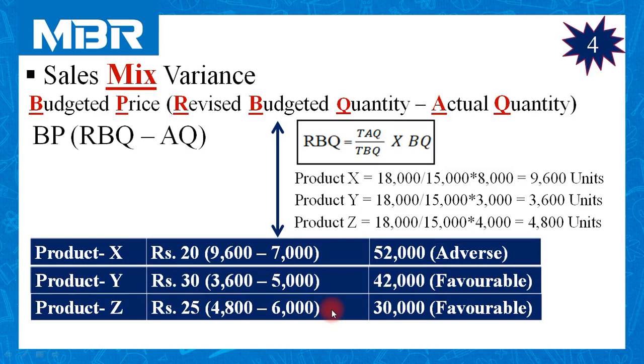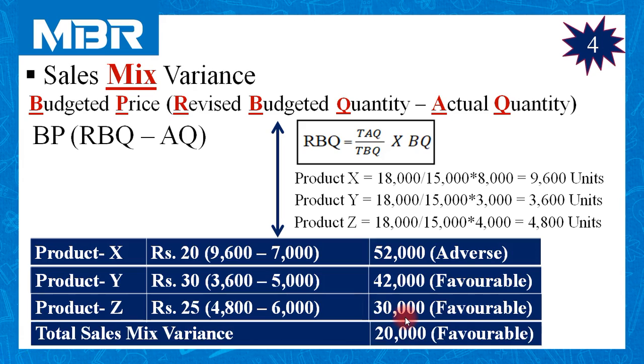It is favorable because actual quantity is greater than revised budgeted quantity. So when actual quantity is greater, sales is greater. When sales is more, revenue is more, and when revenue is more, profit is positively influenced. So it is favorable.